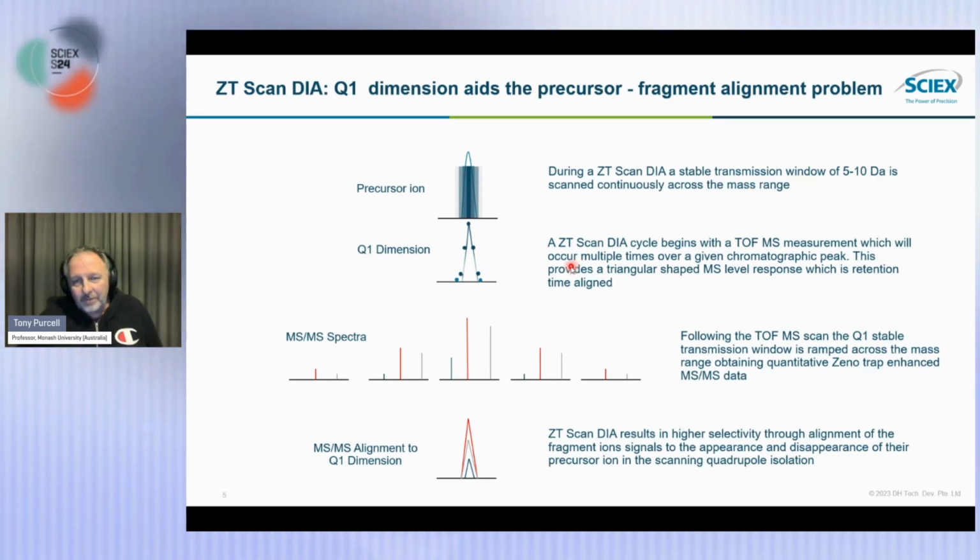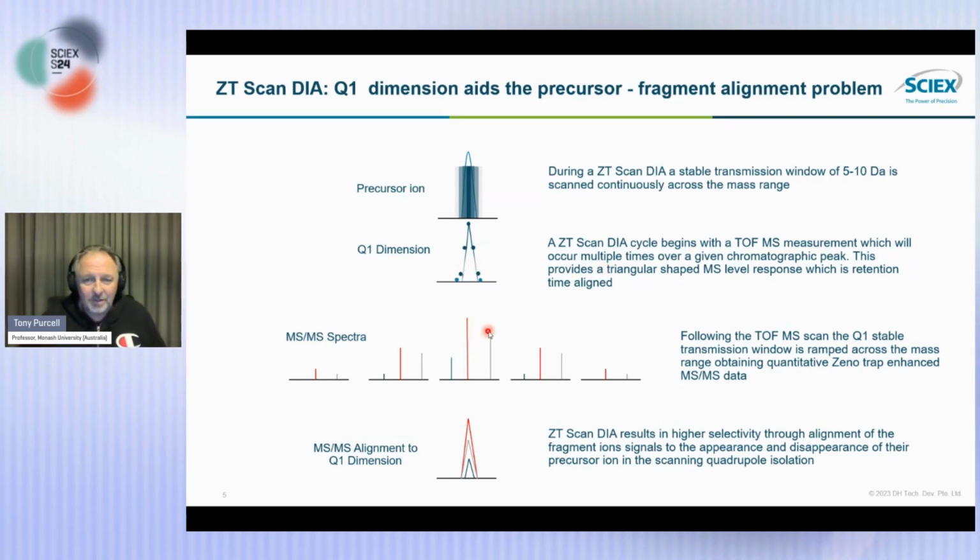The initial experiment starts off with a TOF-MS measurement across that window, and this occurs multiple times over a chromatographic peak, which gives you your capacity to then do quantitation. Importantly, this MS signal is retention time aligned as well.